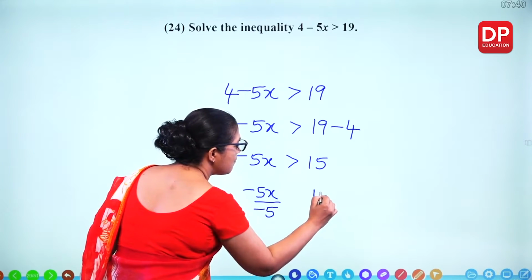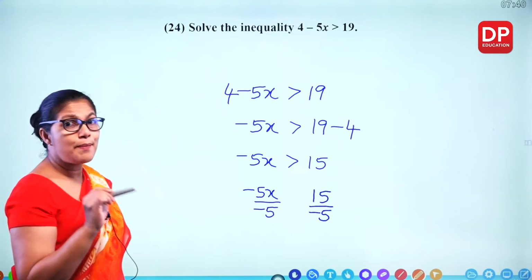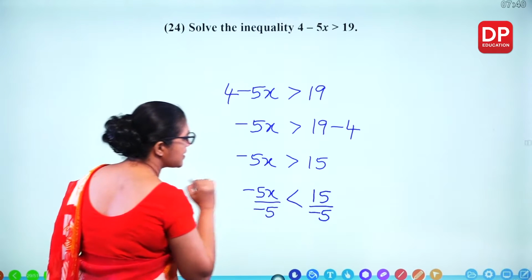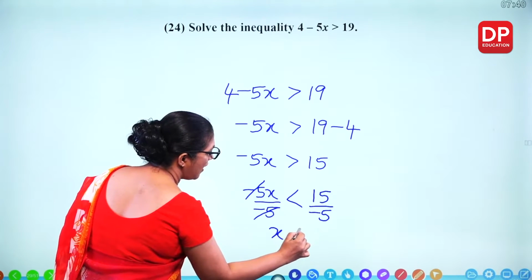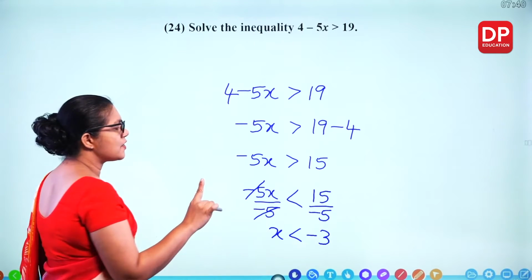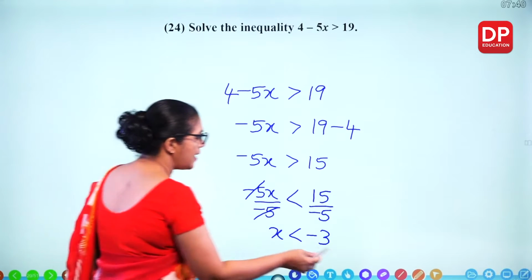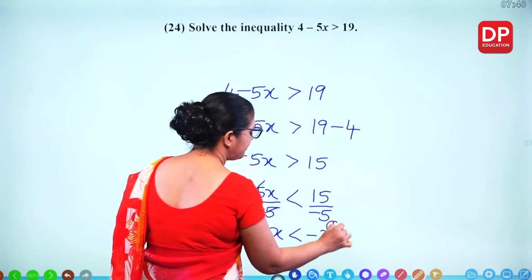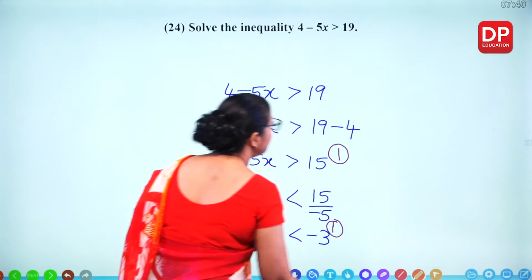The sign changes. So this becomes less. So minus 5 gets cancelled out. You get x less than minus 3, because minus value and plus value becomes a minus answer. So x less than minus 3. So 1 mark here and 1 mark for the method.